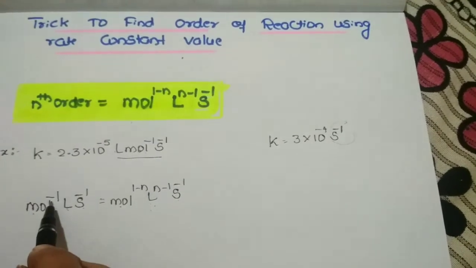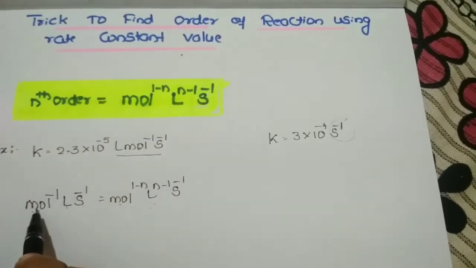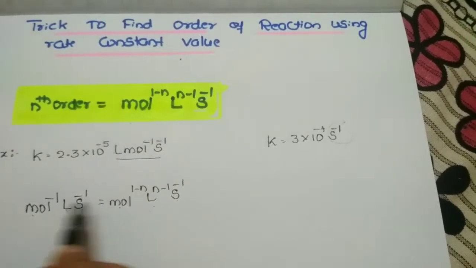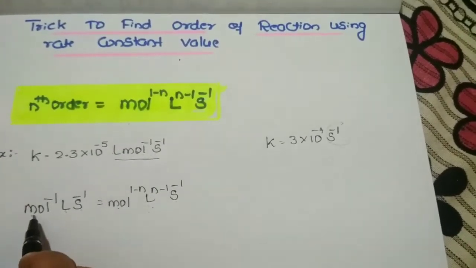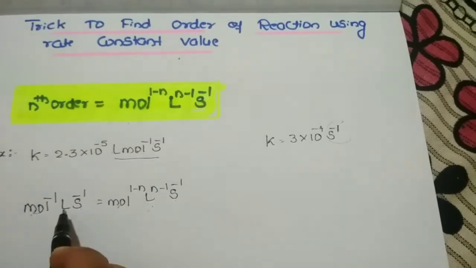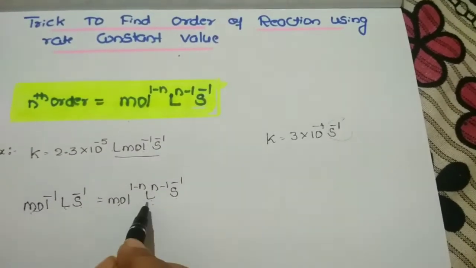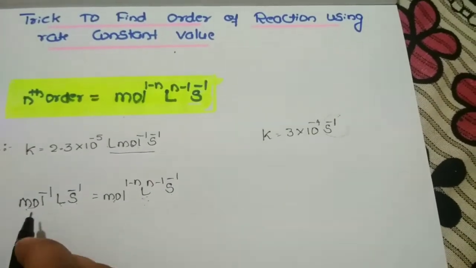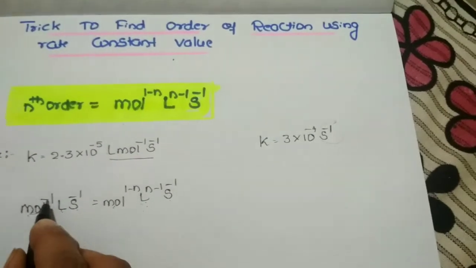As we have learnt in maths, when the bases are the same, the powers can be equated. Now I can take either mole or liter. Whichever we take, we are going to get the same order, so I'm going to show both. Let us take mole, the power is minus 1.